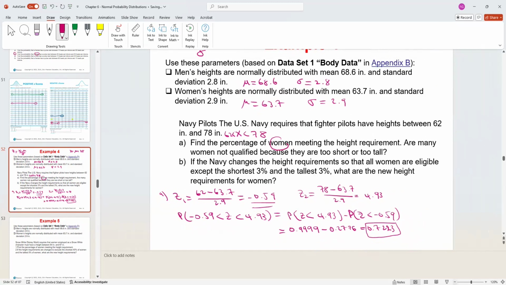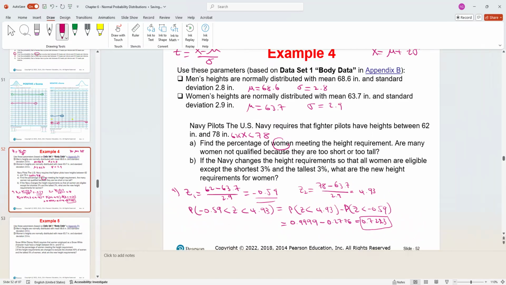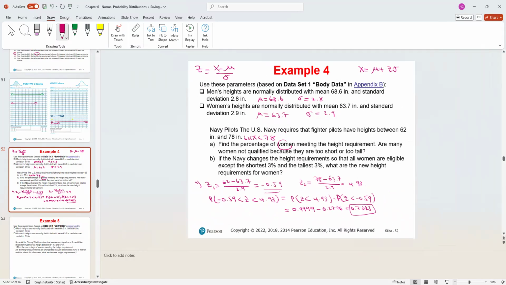And the question they ask for this one, they said, find the percentage of women meeting the height. So you can see here the percentage is 72.23%, right? Are many women not qualified because they are too short or too tall? Well, look at that.